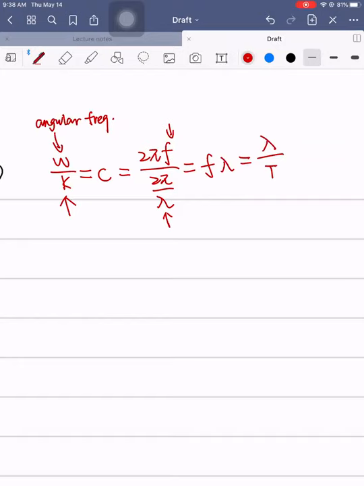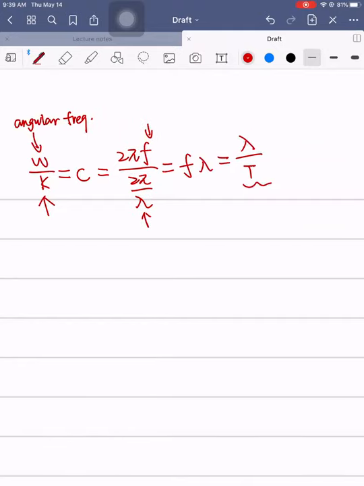This is the time frequency times the wavelength. If we write it as this, this becomes our spatial period, and T will be our temporal period.